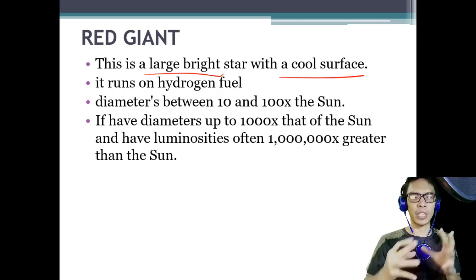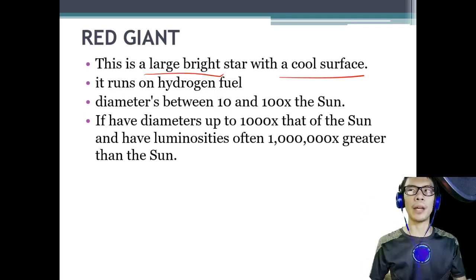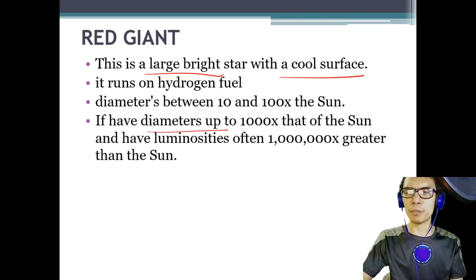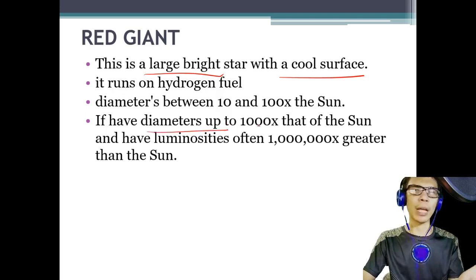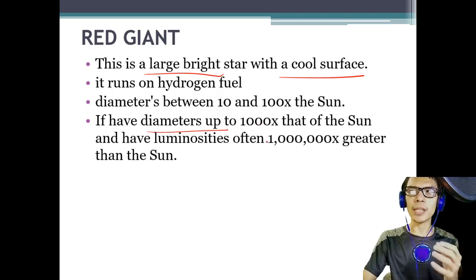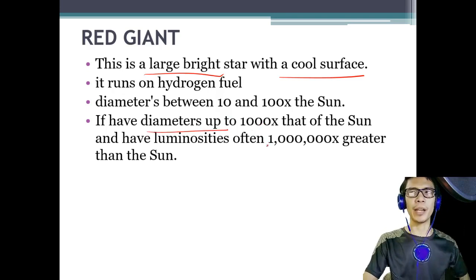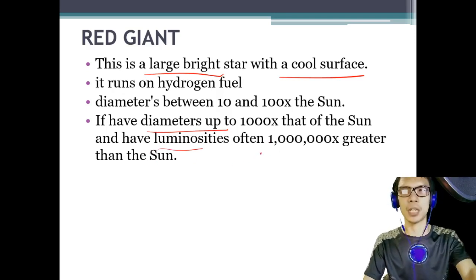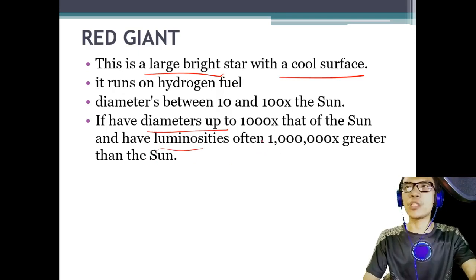It expands outward to become a red giant. Sometimes the diameters of these stars reach around 100 or 1,000 times the diameter of the sun, and the luminosity is far greater than our sun, 1 million times greater. So that is the red giant.